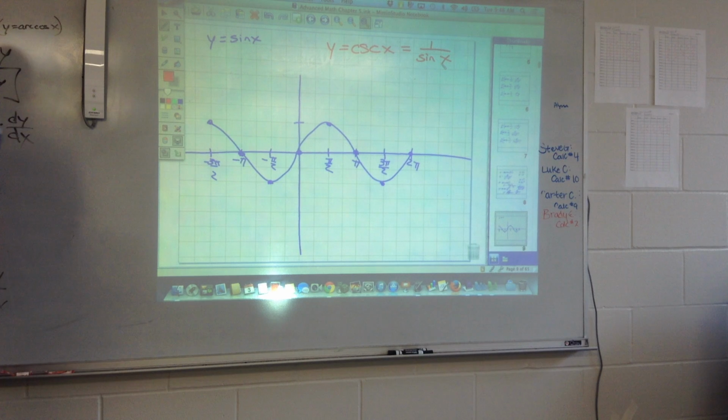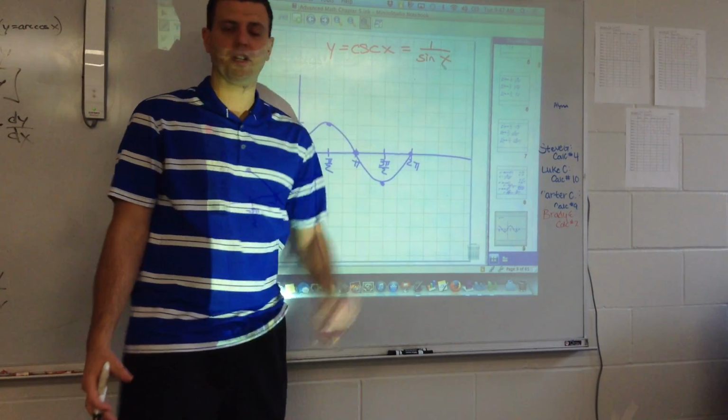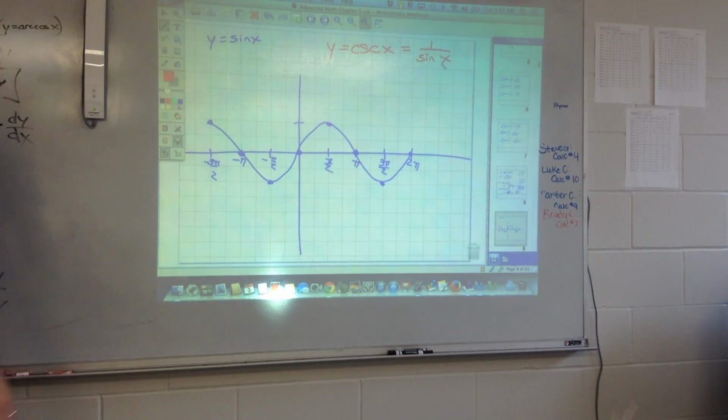Now that you have a fraction involved, or a reciprocal, there's always a value you can never have in the denominator. What's that value? 0, right? You can't divide by 0. Well, is the sine of x ever equal to 0?